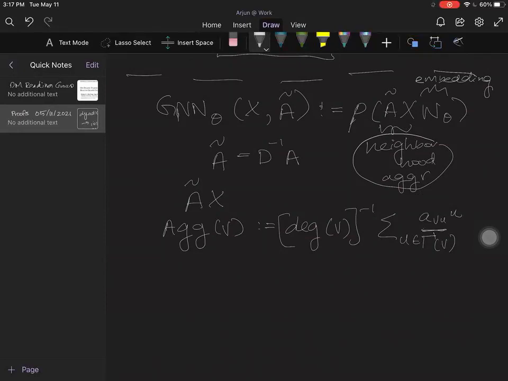So this is the V-U entry, the weight corresponding to the link between V and U in our adjacency matrix, and this degree is also weighted. It's just the sum of the weights on all the outgoing links within our graph.